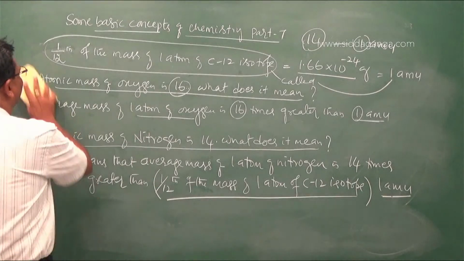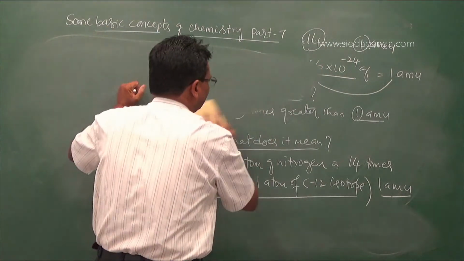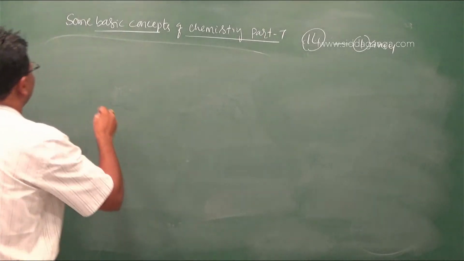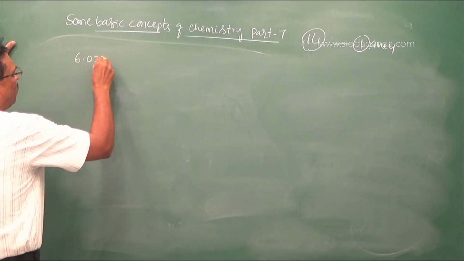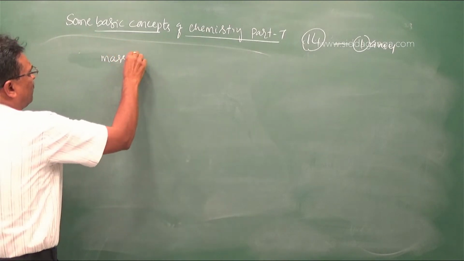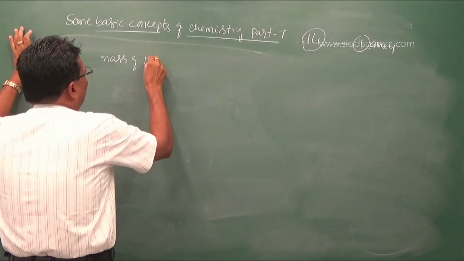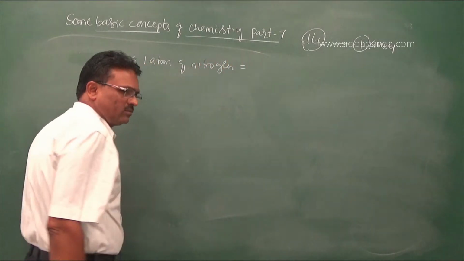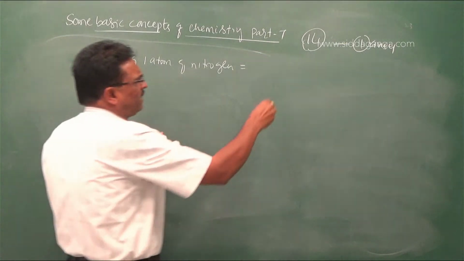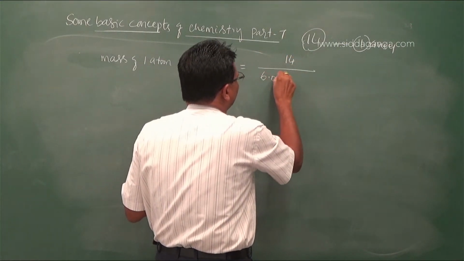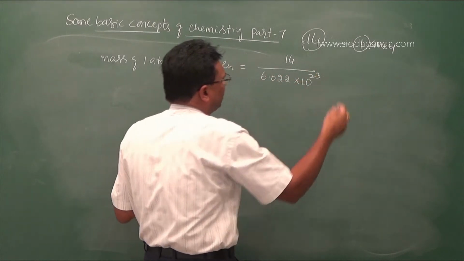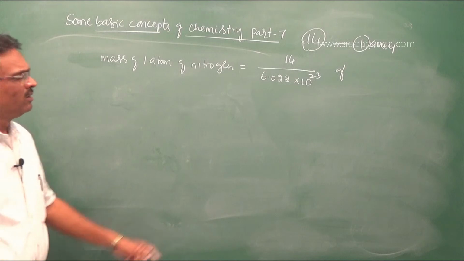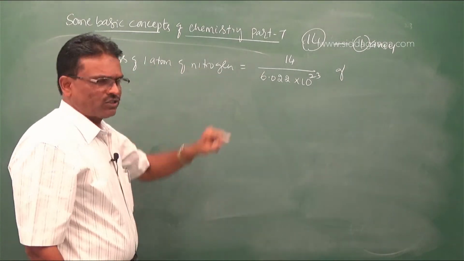The mass of one atom of nitrogen is equal to 14 divided by Avogadro number, 6.022 into 10 to the power of 23. This is in terms of gram.